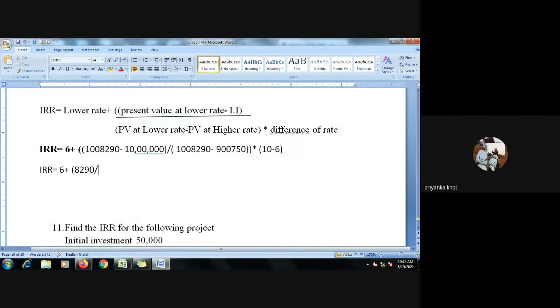Yes, ma'am. 1,07,540 into the difference of rate, which is 4.